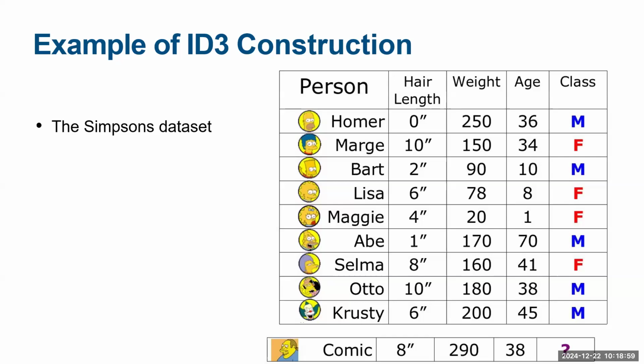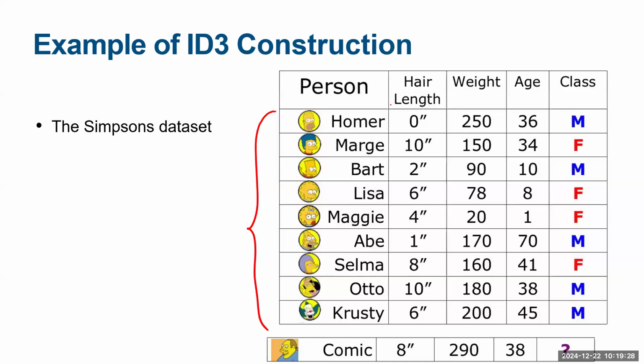And then I want to create a decision tree to predict the gender of my new character. This character has 8 inches of hair, weighs 290, and is 38 years old. Is this character male or female? So based on this data, I want to create a decision tree.